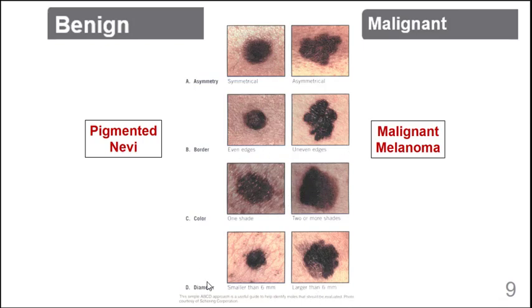And so that leads us then to our next variable, which is the diameter, generally smaller than 6 millimeters versus a malignant melanoma that is generally larger than that. Another variable to add into this is E, and E for evolving, and that would be watching to see, is this mole actually changing? If somebody has what is suspected to be a mole, is it changing over time? And monitoring then is going to be very important.